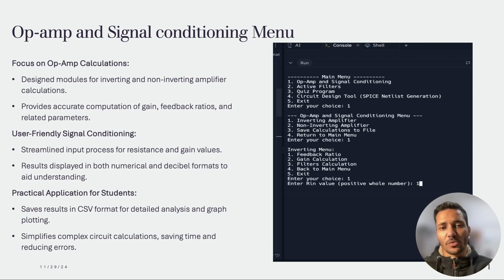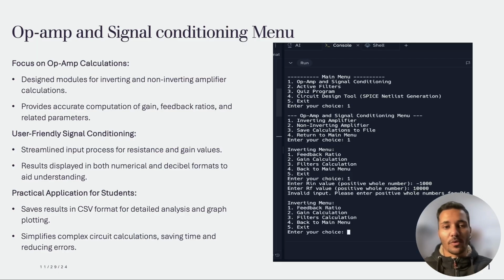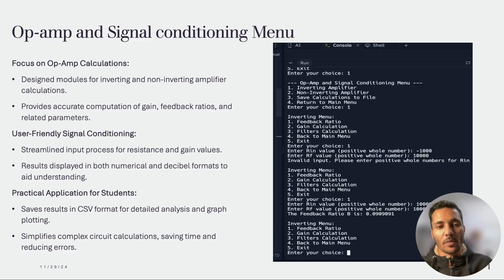For demonstration purposes, I will put invalid values at the beginning, just to show how the system also validates inputs to prevent errors from invalid values. In this case, we make sure the student will always have the correct values when they are working with amplifiers.